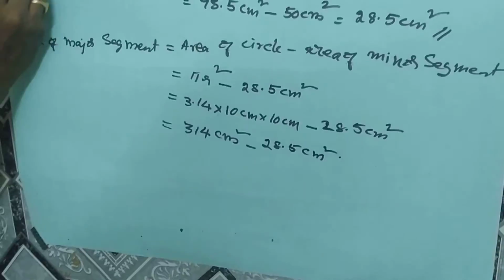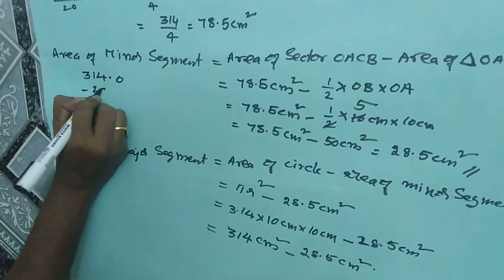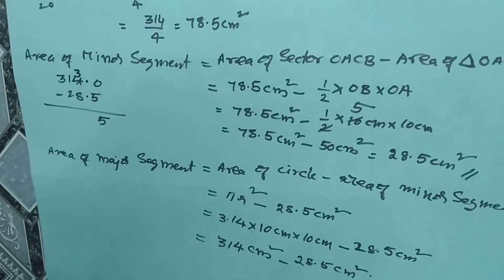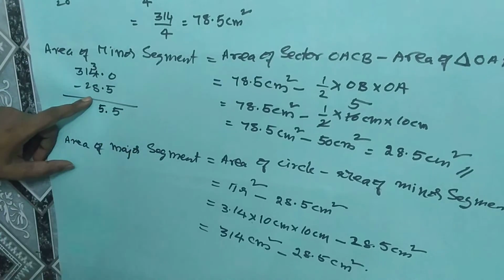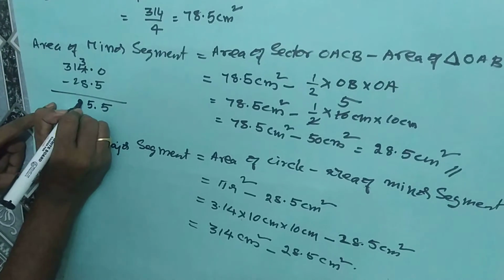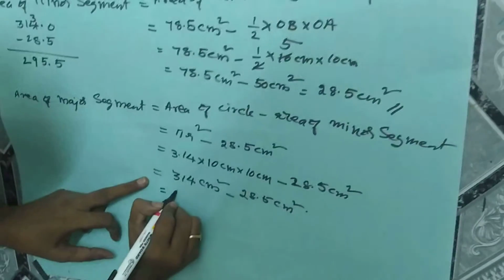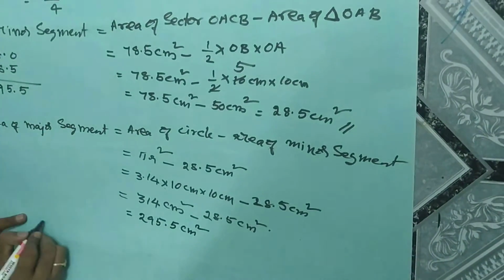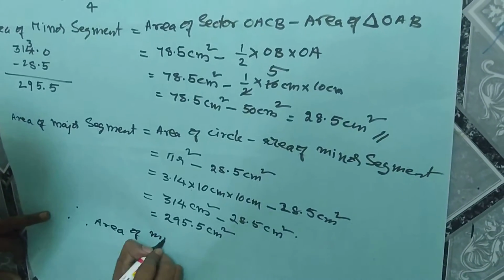If we subtract 314.0 minus 28.5, we get 285.5 centimeter square.